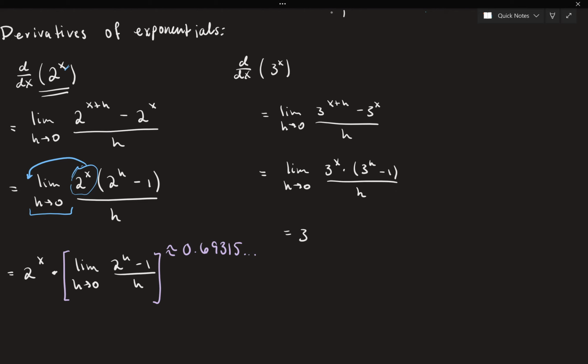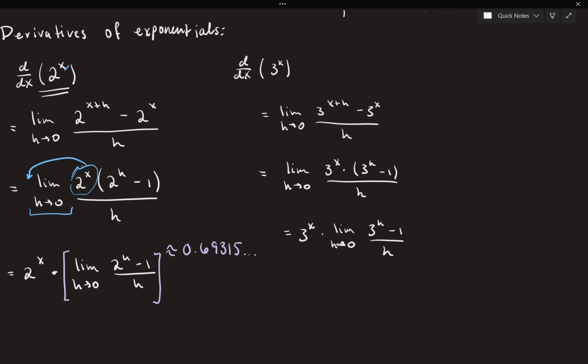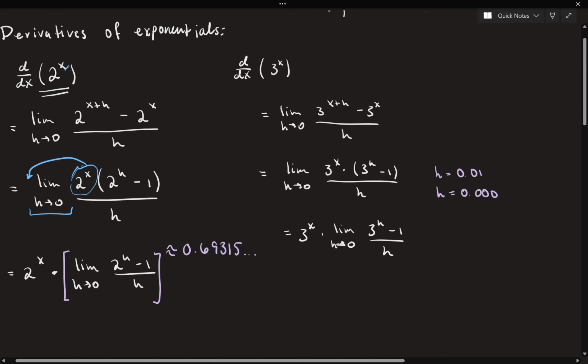I'll take out the 3 to the x just like I did last time. 3 to the h minus 1 over h. If I get some kind of graphing calculator out or approximate it, I can just plug in h is 0.01 or h is 0.0001 or something like that.